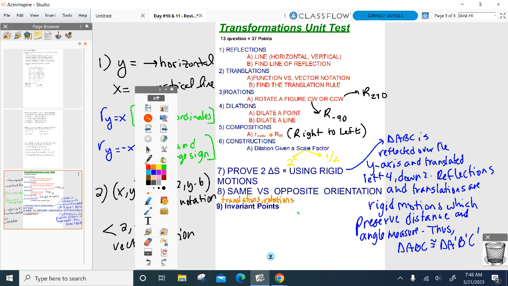Opposite orientation, reflections and glide reflections. That'll change orientation. Do my letters go clockwise or counterclockwise, and do they stay that same way, or do they go opposite?